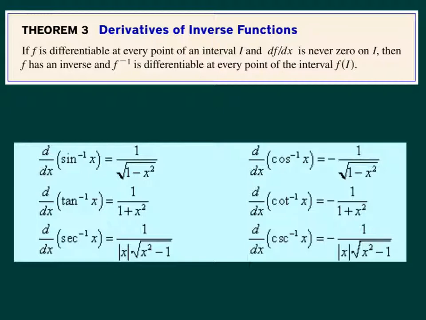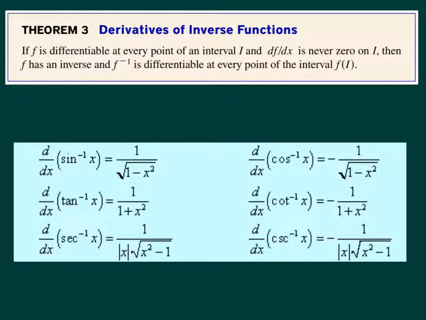Inverse cosine is the same thing except it's the opposite. Notice that the derivative of sine is positive cosine, and the derivative of cosine is negative sine. Anything that starts with a c has a negative sign in front. So the identities are pretty much the same except opposite in sign if you're comparing inverse sine to inverse cosine, or inverse tangent to inverse cotangent, or inverse secant to inverse cosecant.